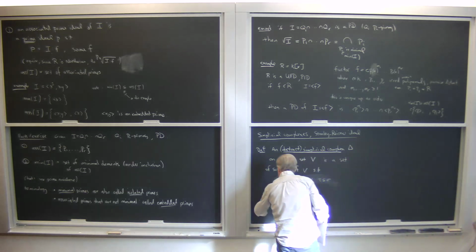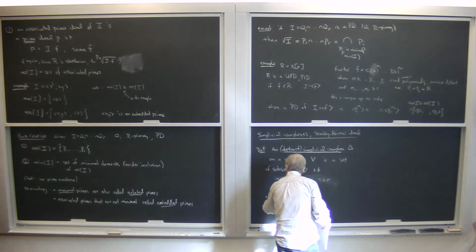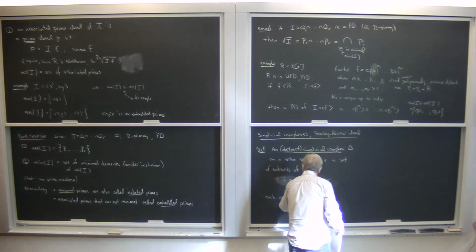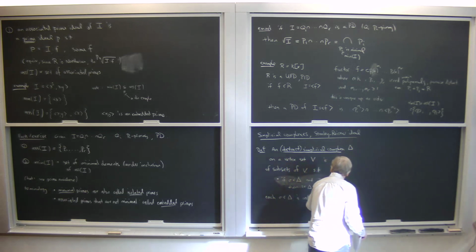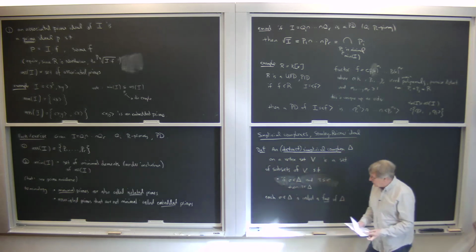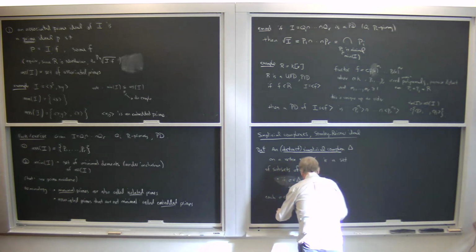Okay, so each sigma in delta is called a face of delta. And then there's a whole lot of other little notions.